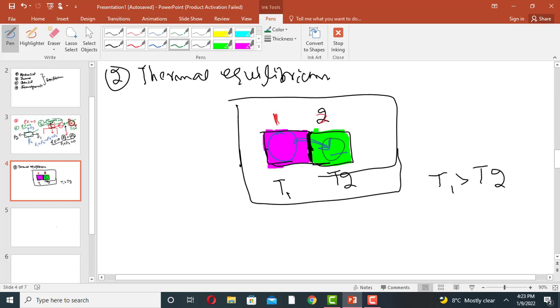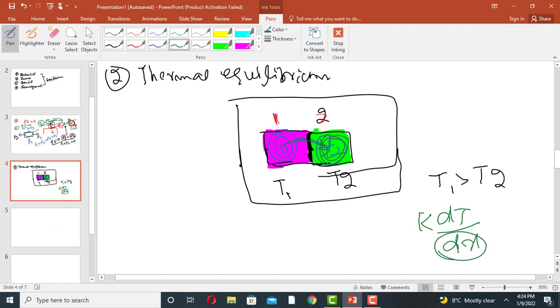Similarly, the thermal resistance of this body will decrease with time, and the thermal resistance of this body will increase with time. And the heat transfer from this body to this body will be denoted by K, dT and dx.